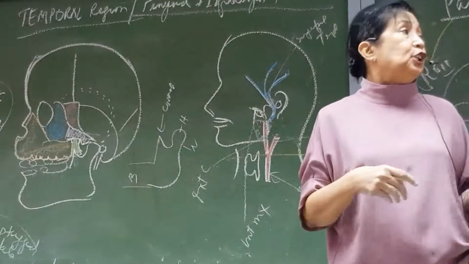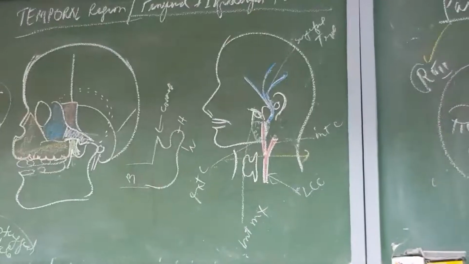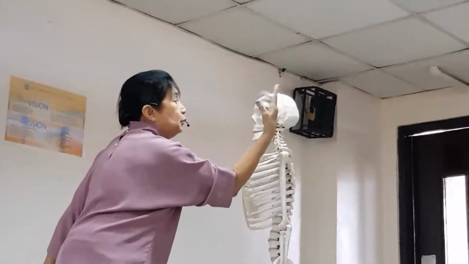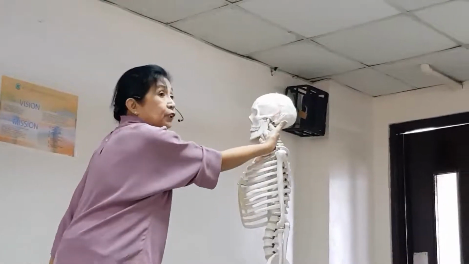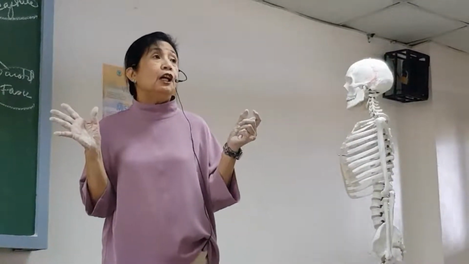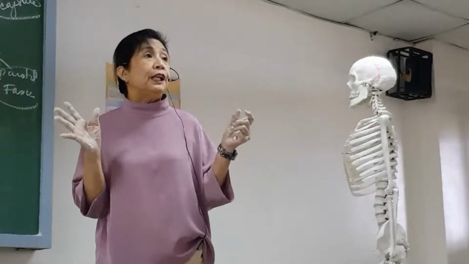Internal maxillary. Siya yung nandito sa loob ng infratemporal fossa. So yung superficial nandito, pero yung internal maxillary nandito sa loob. Sa infratemporal fossa. The branches of what? External carotid. So ano nga ang nasa loob ng parotid gland?